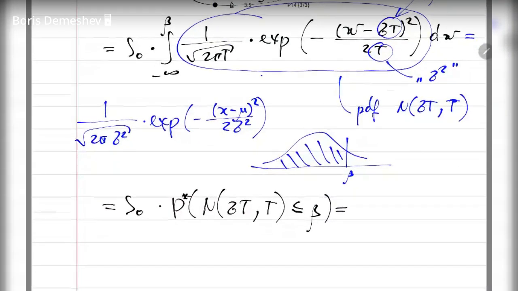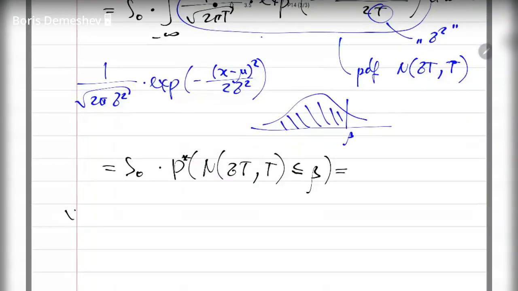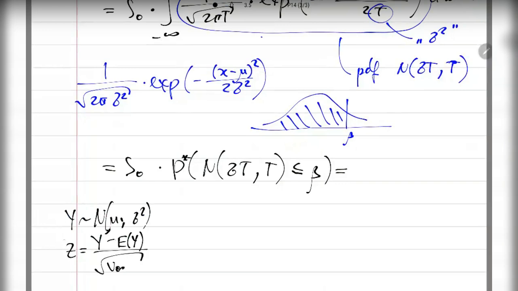Let's standardize our random variable. To standardize a random variable, probably you remember that if Y has normal distribution with mu and sigma squared, you just take Y minus expected value of Y, and divide by square root of variance of Y, and you will have a standard normal random variable. So I do the same trick here.